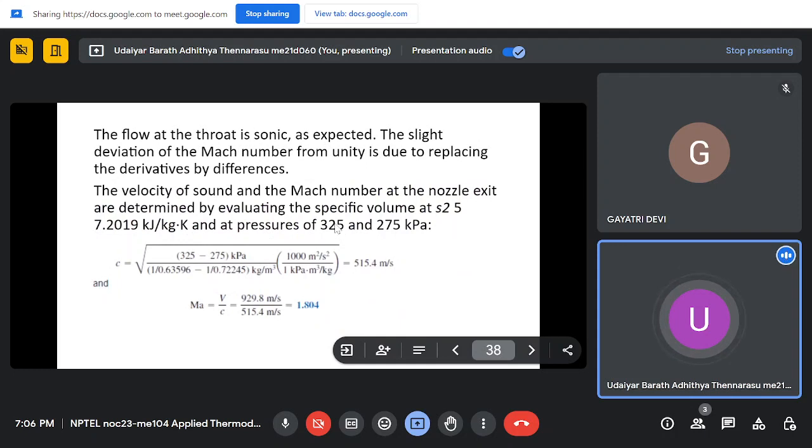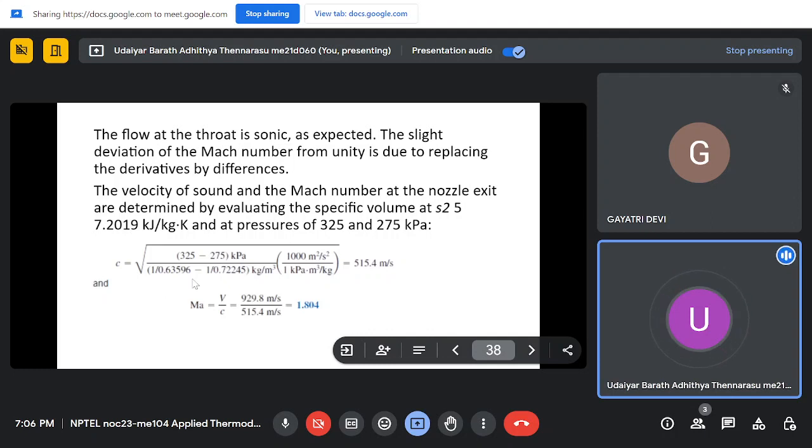We take the same increment in pressure, 325 and 275 kilopascal, and we calculate the sonic velocity. On substituting, we get the velocity as 515.4 meter per second. This is the velocity of sound at the exit condition of 300 kilopascal and the given entropy value.